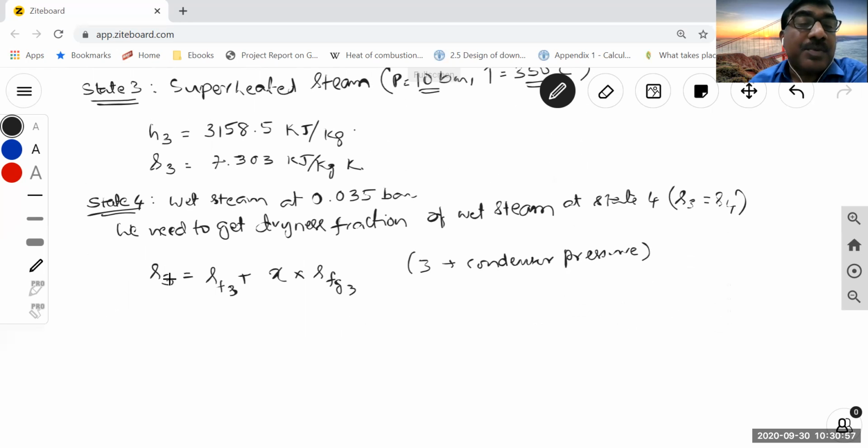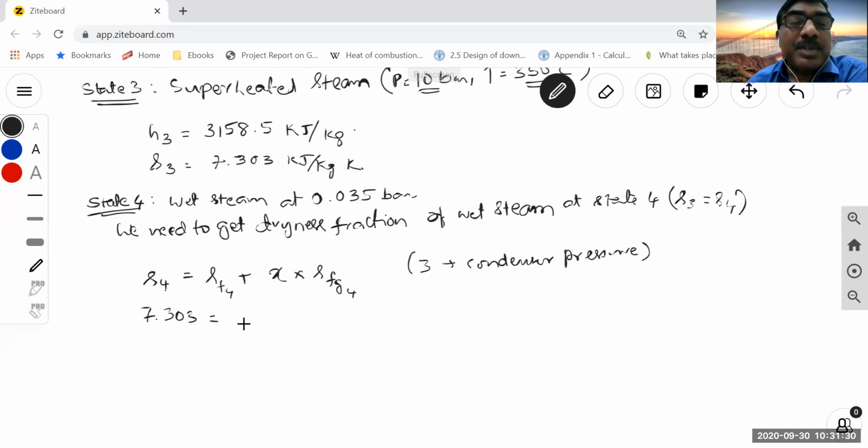S3 is equal to 7.303, which is equal to S4.